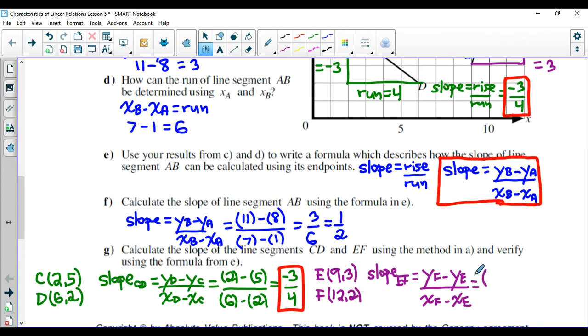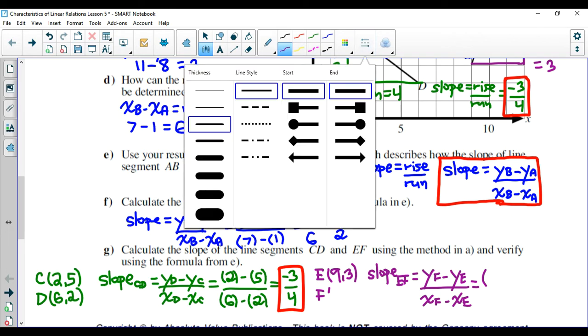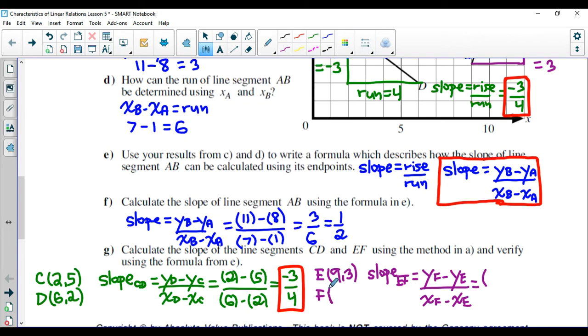Let's plug these numbers in. Whoops, this should be a 12 here, not a 2. The y was 12, so 12, 12.